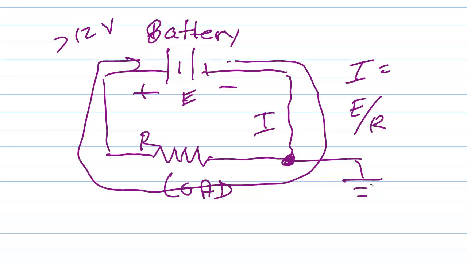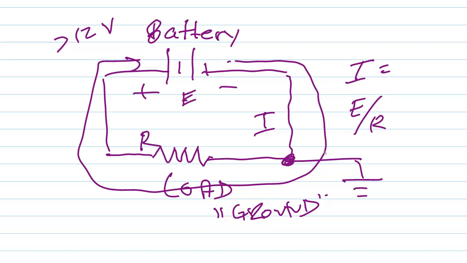Now, when you talk about this ground, your current flows out of the negative terminal, and it has to have a return path back into the positive terminal. If you ground, and I guess I should put that in quotes, the negative terminal of your battery to your vehicle frame, say, you're not going to really get any current flowing in and out of that ground.